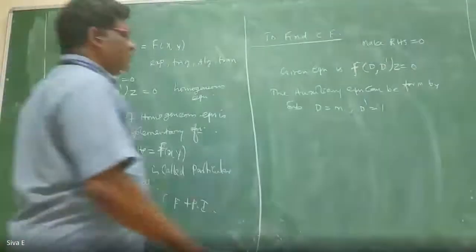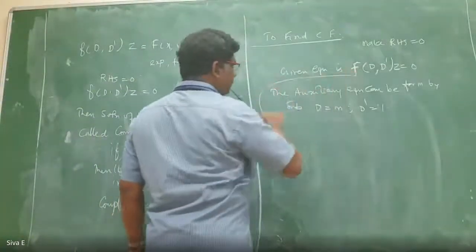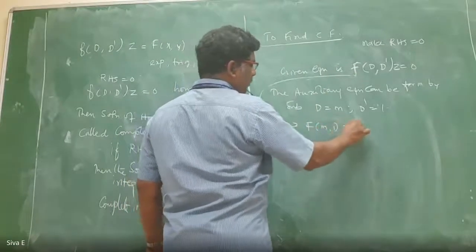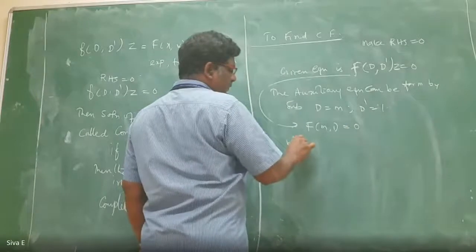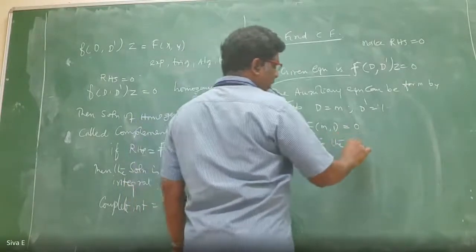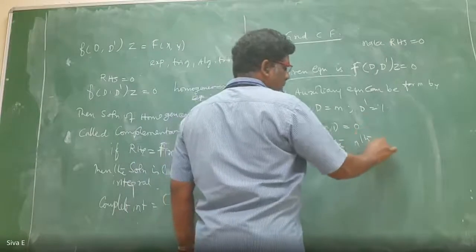So this equation becomes f of m comma 1 equal to 0, which is an nth order equation in m.